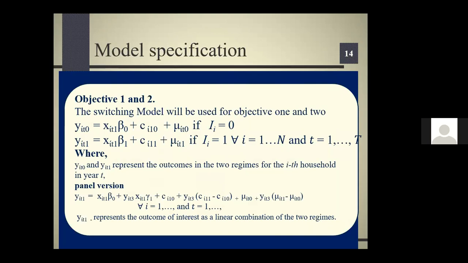Now, the model specification for the first two objectives, objective 1 and 2: this study adopts a switching model to be able to answer objective 1 and objective 2. In this model, this outcome variable here, Y_it0, represents the first regime, because in this case we have two regimes.